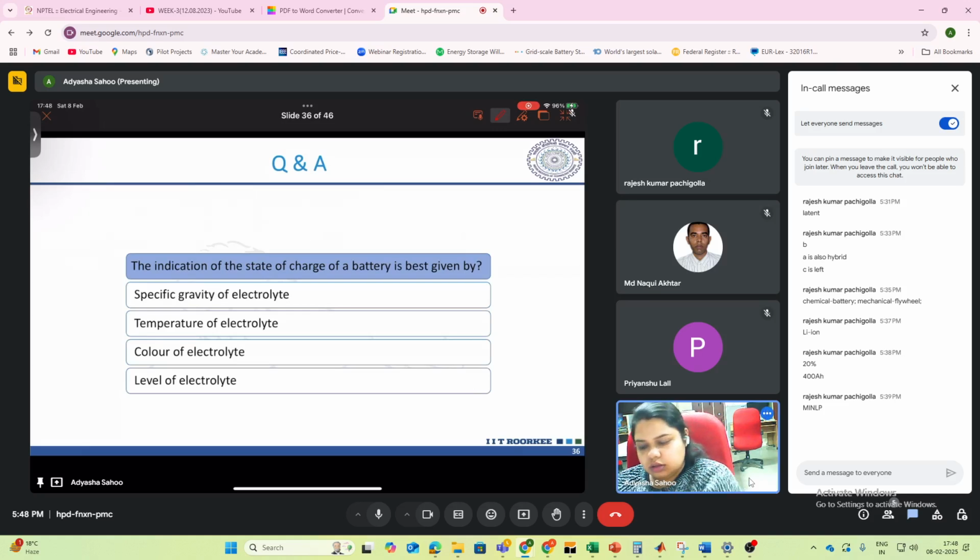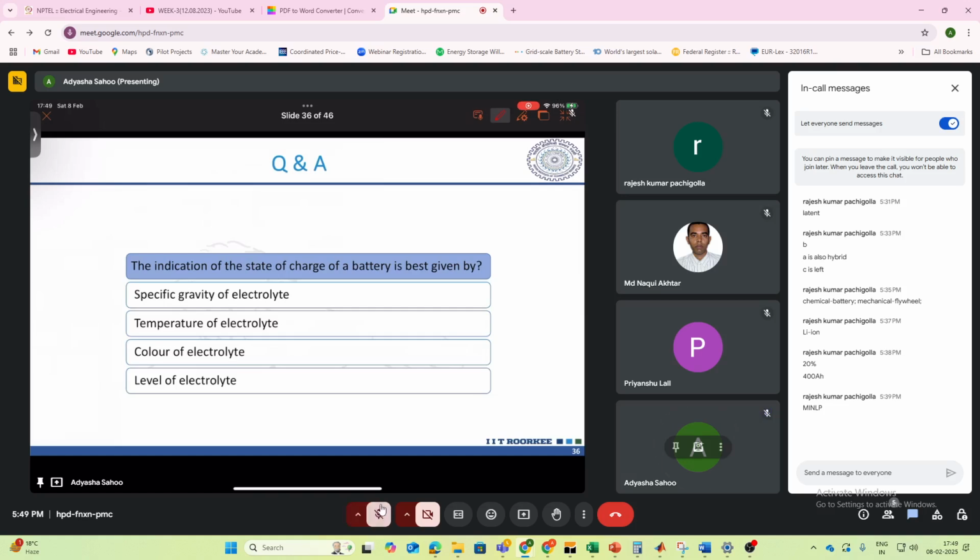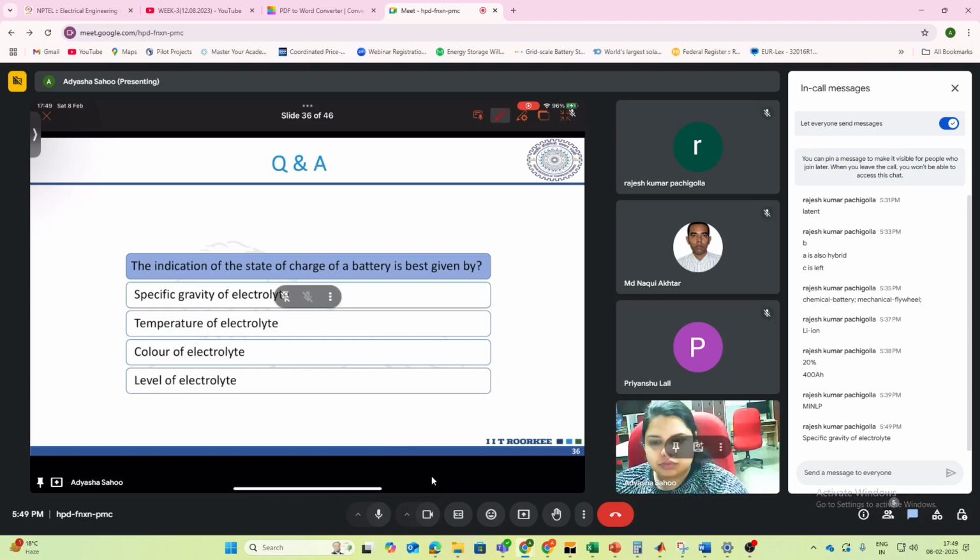The next question is, the indication of the SOC of a battery is best given by which of the following? Yes, anyone else?